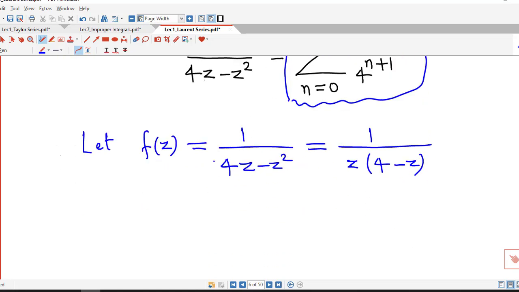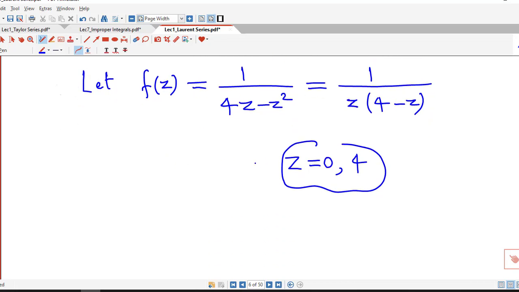So this function is not analytic at the points z equal to 0 and z equal to 4, and because it is a rational function, it is analytic at every point except z equal to 0 and z equal to 4.